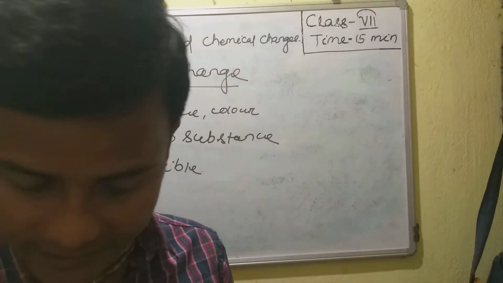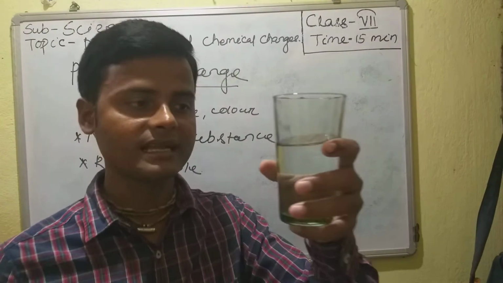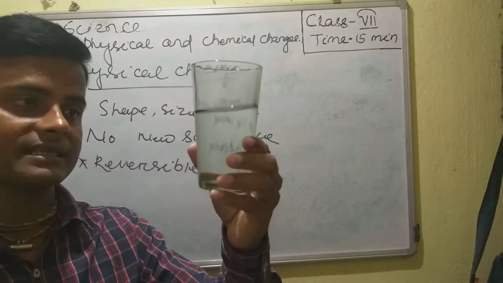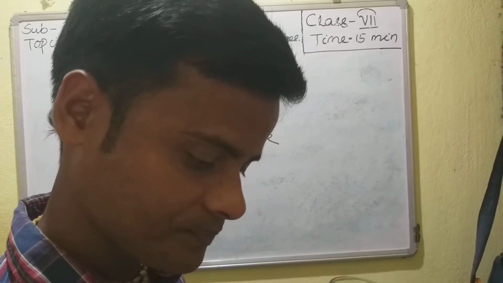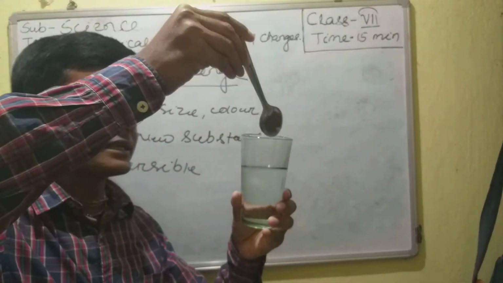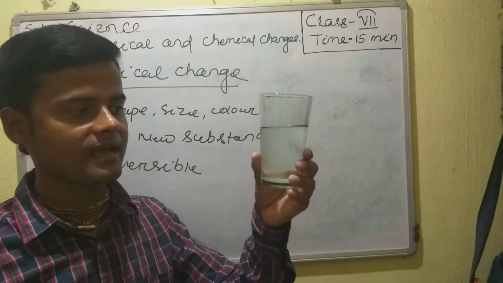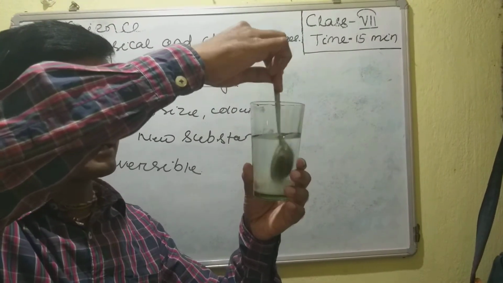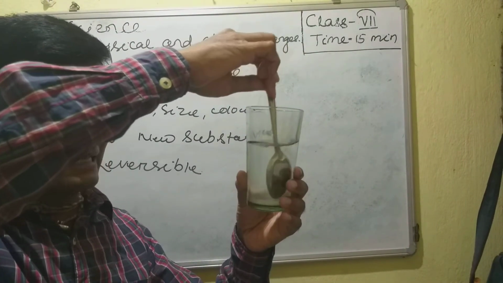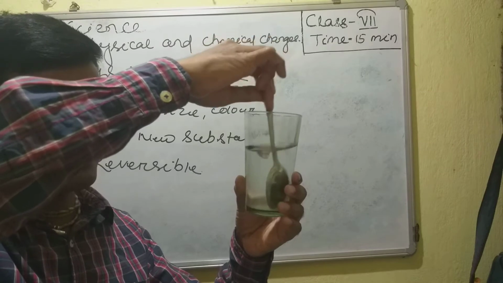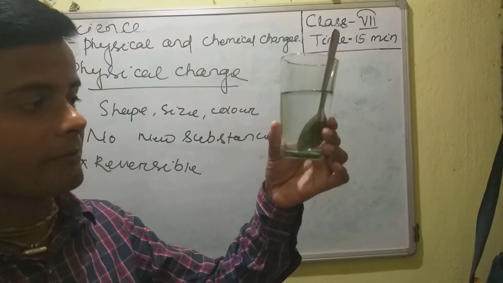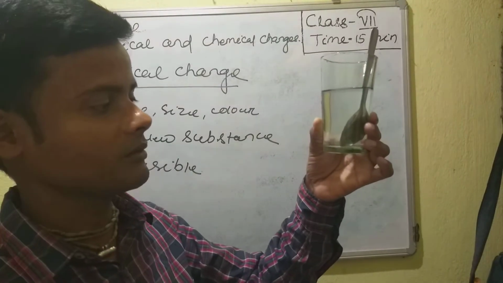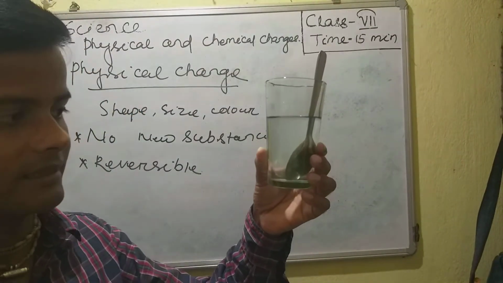Let us do another activity. It is a glass of water. Inside this glass there is water, right? I'm going to add a pinch of salt inside it. After adding the salt I'm going to stir it. What will happen? After some time the salt will dissolve in the water, right?